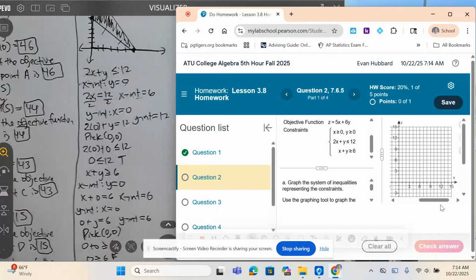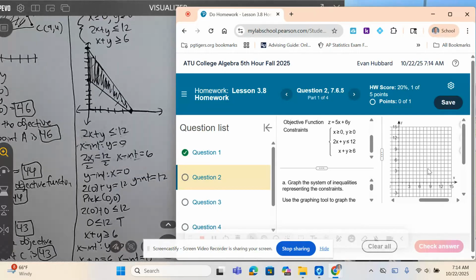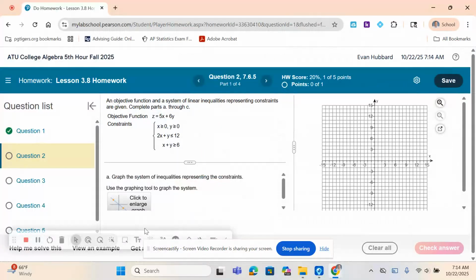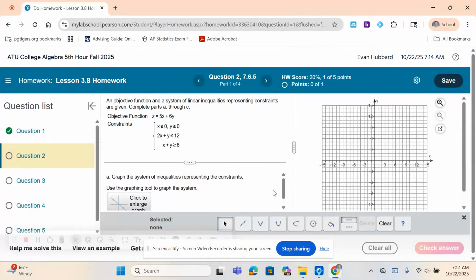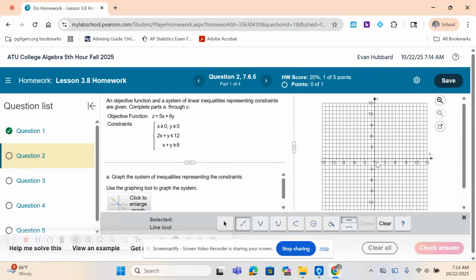So let's graph this first. It would be easier if I would have done this all in one, I think. So I'm going to do line, first off, x is equal to 0, y equal to 0. You've got to graph all the lines first.